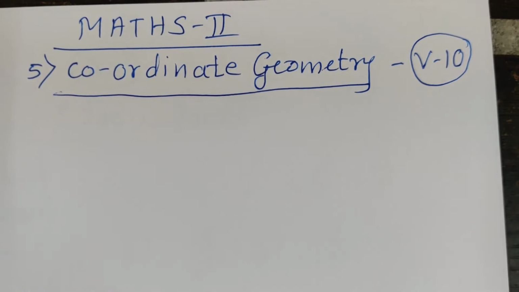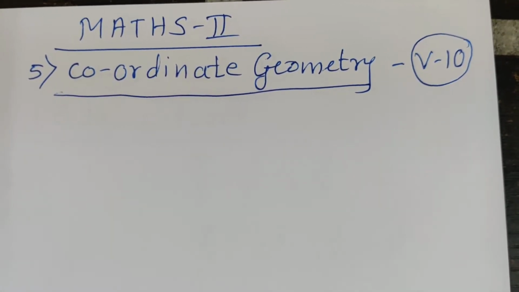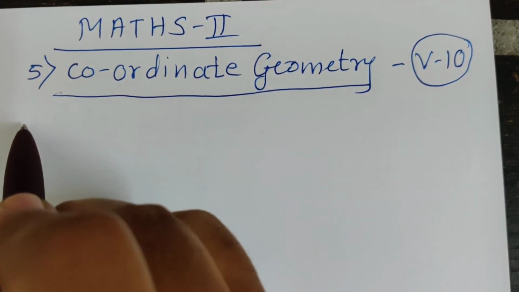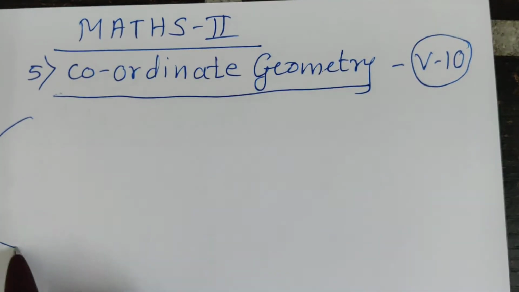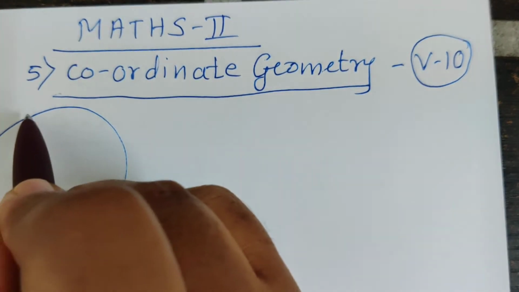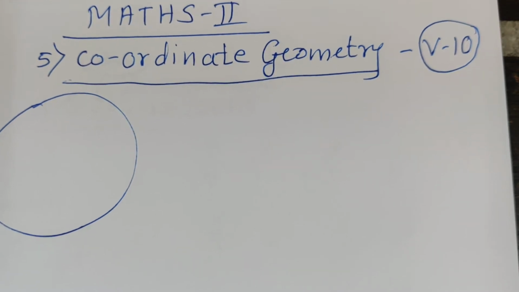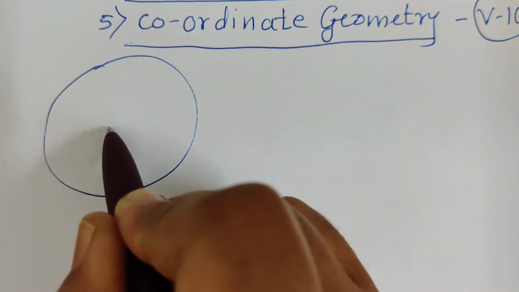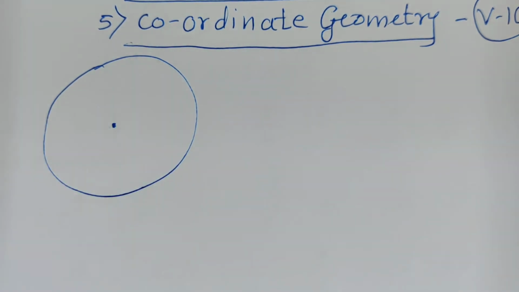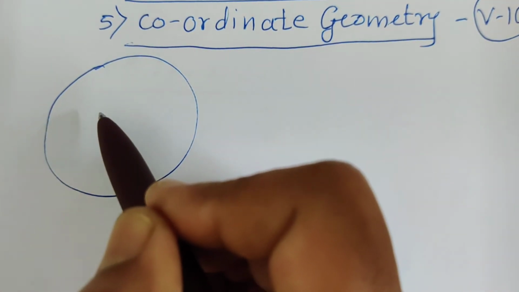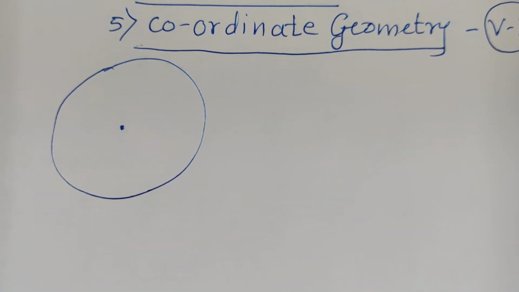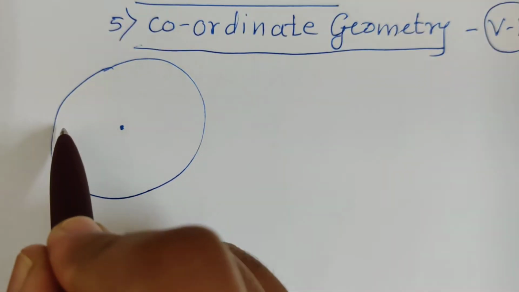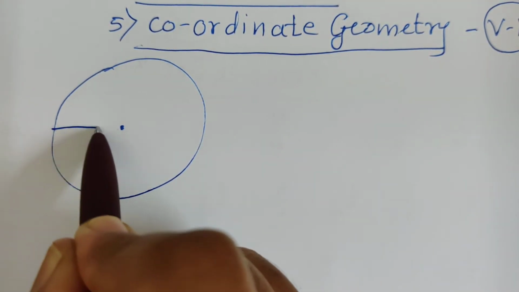From the question we will draw the diagram. Suppose this is the circle. P is the center of the circle, because in the question it is said point P is the center of the circle and AB is the diameter. So the diameter passes through the center. You know about diameter.